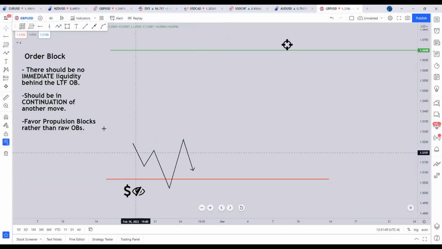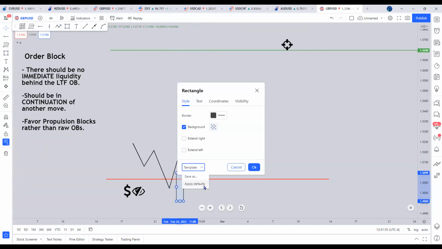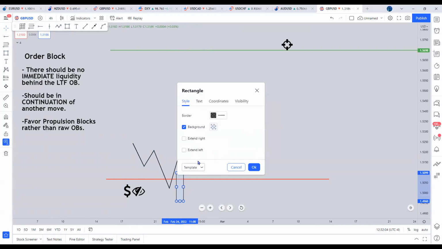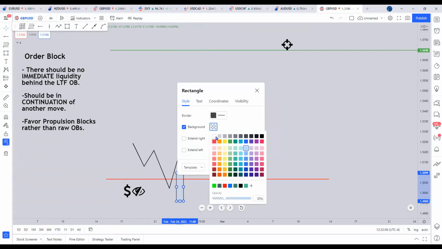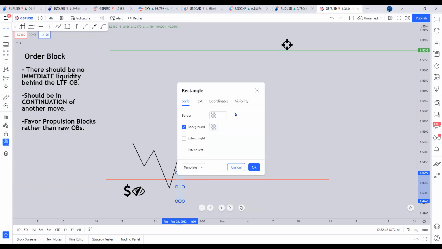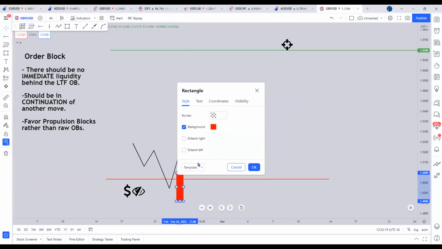Now what's an order block? What does it look like? Very simply, it looks like this. We're gonna change the colors very quickly. We're gonna save this as a box. We're gonna put red, all the way.